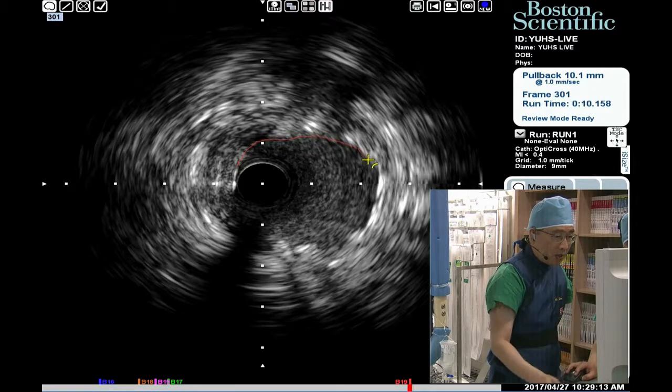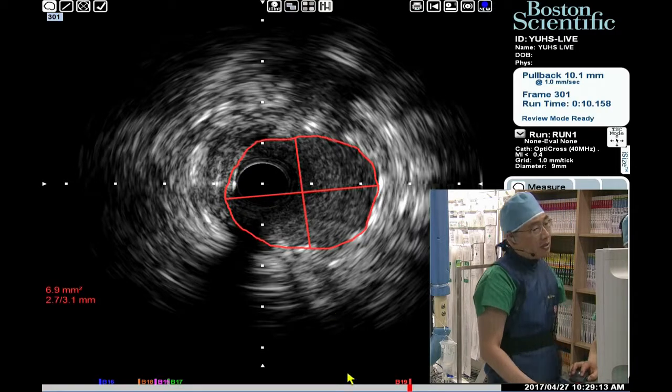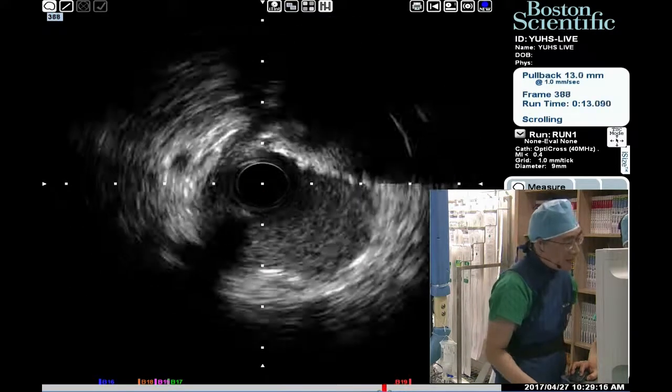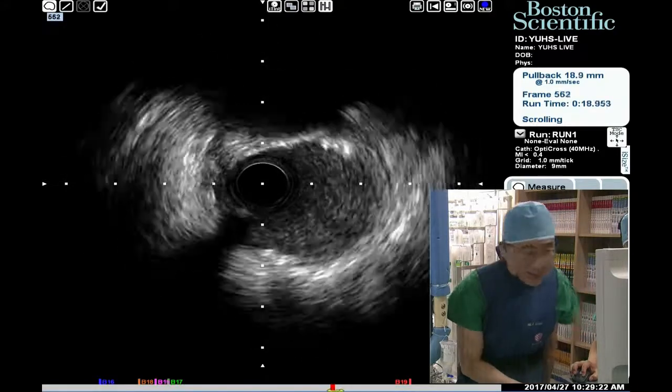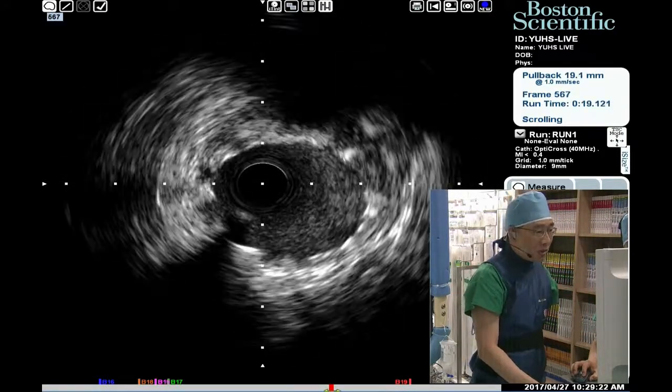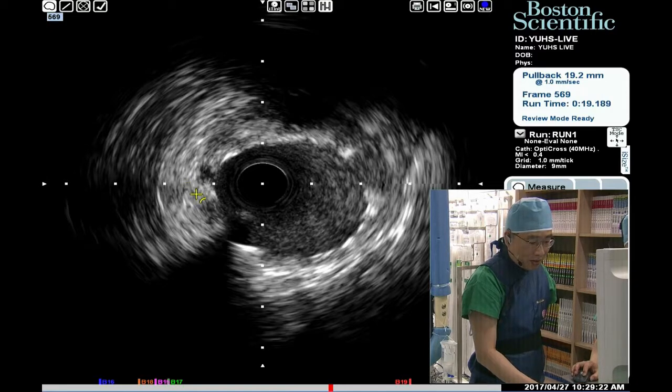This is the distal part of the LAD. The minimal stent area is around, let me check, 6.9. It's almost okay, almost 7. And next, the smallest lumen area at the left main.